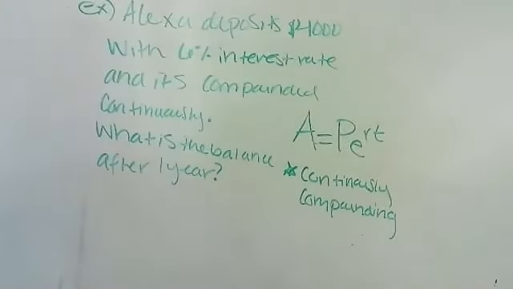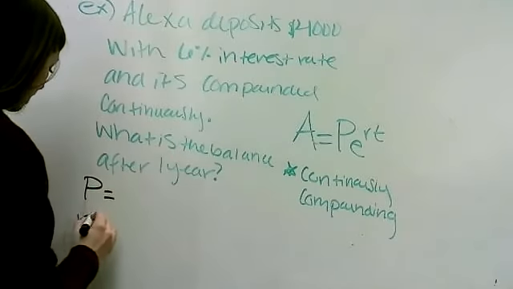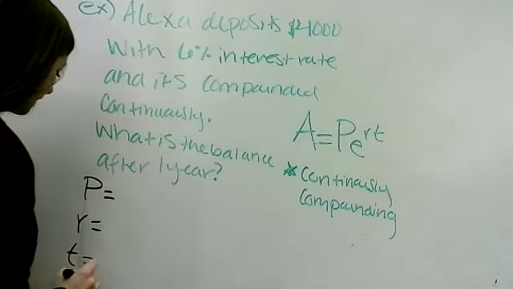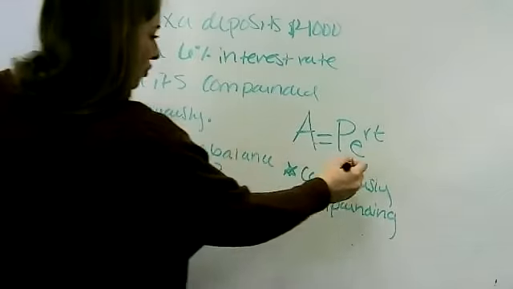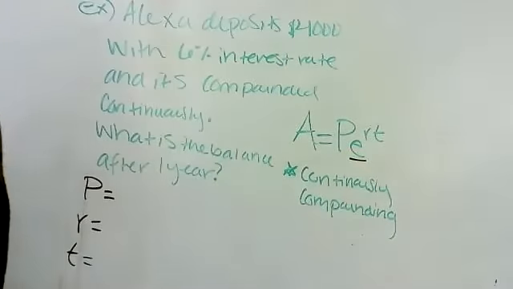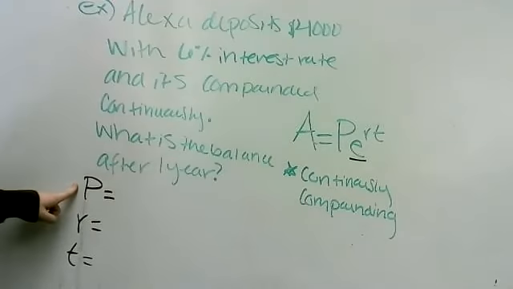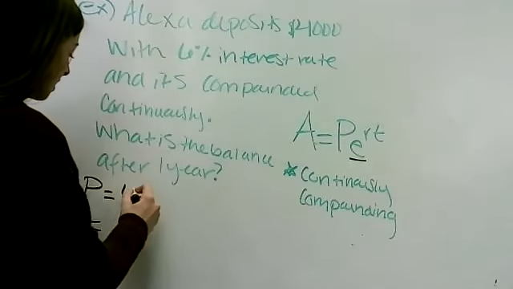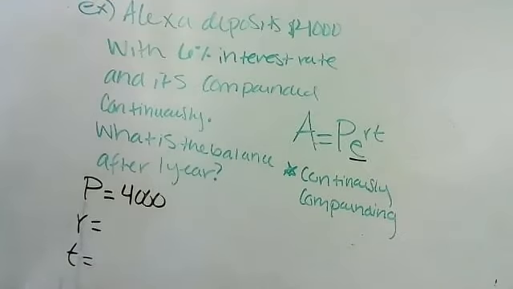So let's identify our big numbers here. We need 3 things this time. We need a p-value, an r-value, and a t-value. Remember, we don't find a value for E, that's a button in our calculator. P is again the money you invest, so Alexa is investing $4,000.